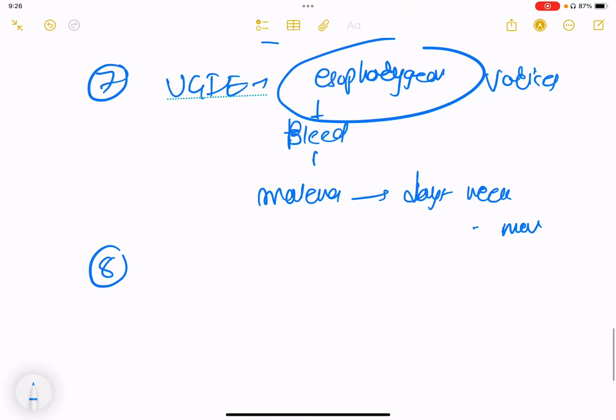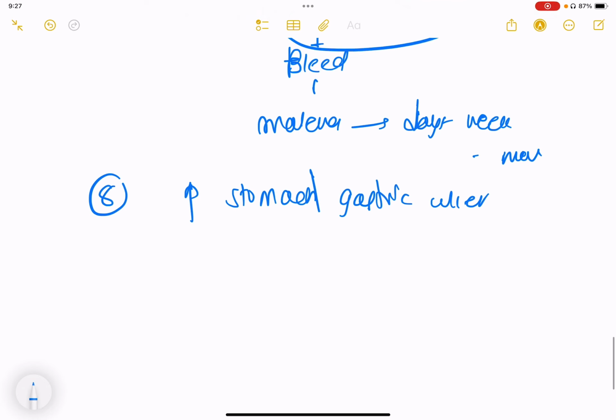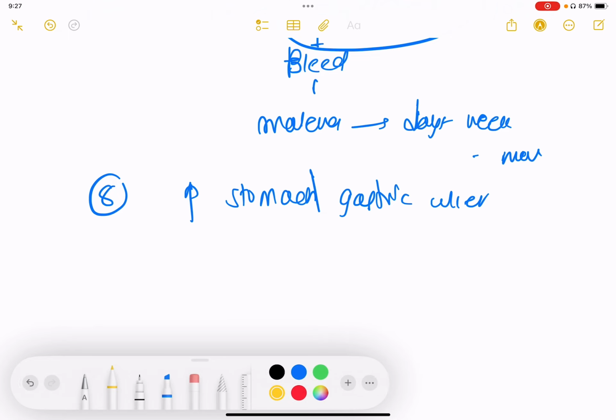Another thing is, as there are esophageal varices, the patient may very commonly have increased stomach ulcers or gastric ulcers that cause blood loss, and that may also contribute to the anemia.